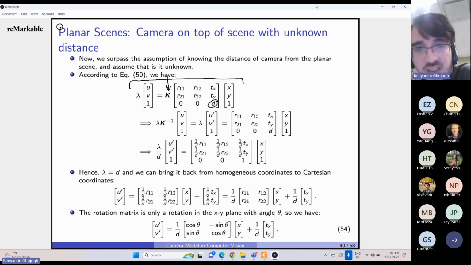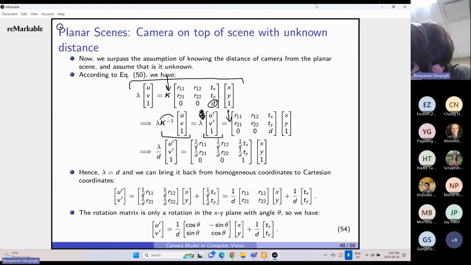Left multiply the sides by K inverse. Then I will have K inverse here. Also, this becomes identity here. I define this K inverse times uv1 as u prime v prime 1. Okay. Then I will get this. And this has become identity here.